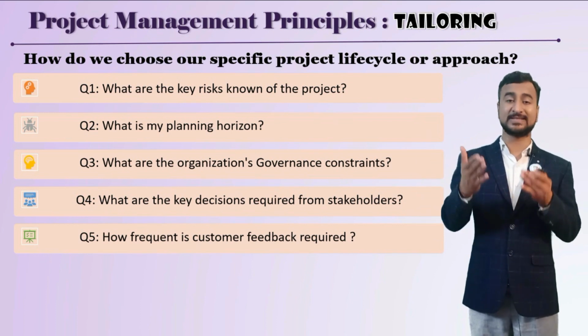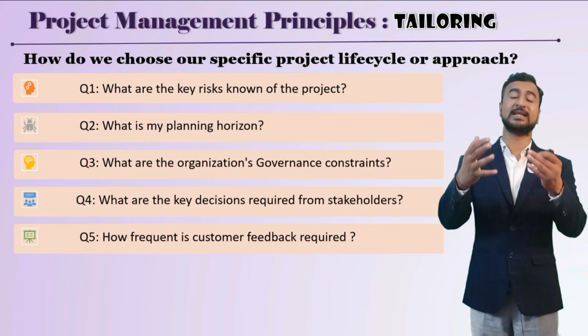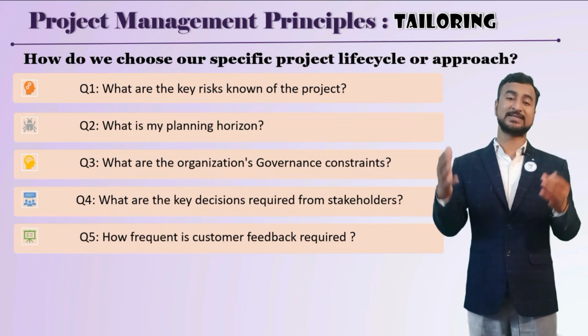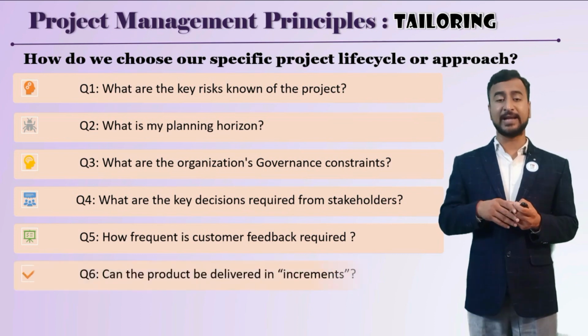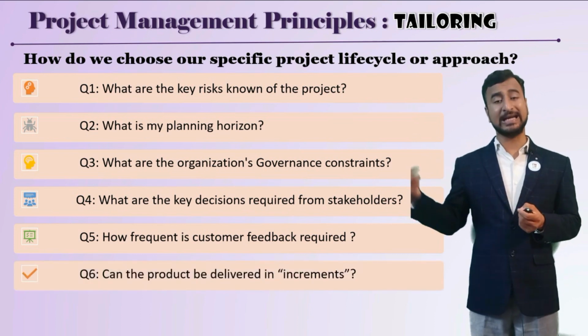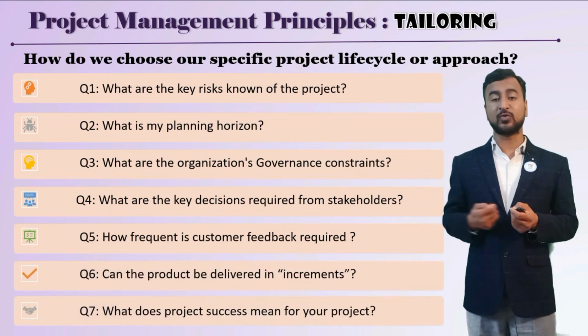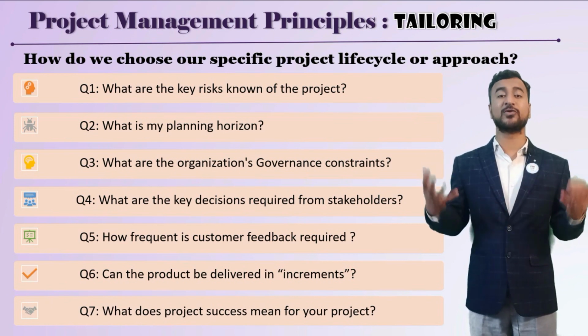Sometimes they don't have that much time and are only involved in a phase-gate review. Based on that you can plan. Can you produce and deliver in increments, or what does project success mean for your organization?